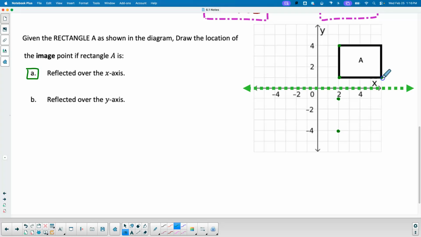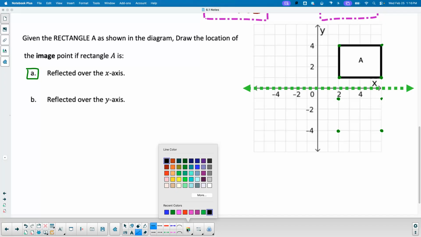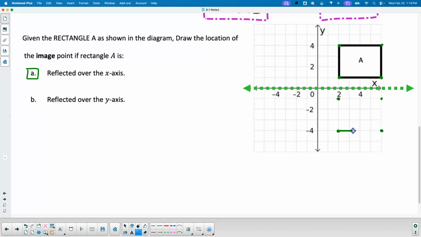So there is my rectangle right there. We would call that A prime, because we reflected it one time.